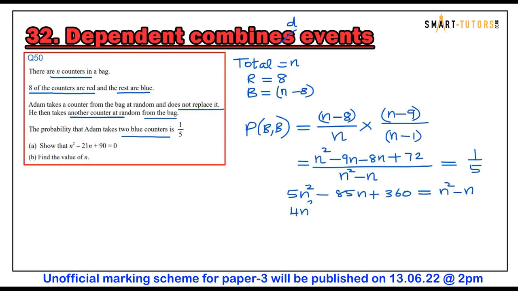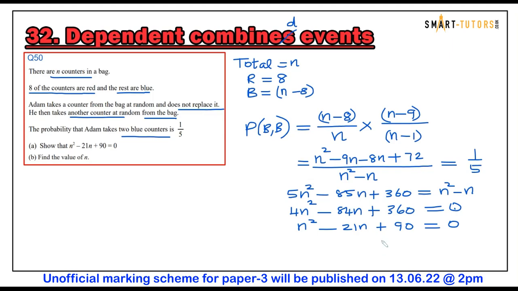So this is 4n squared minus 84n plus 360 equals 0. Divide by 4, so n squared minus 21n plus 90 equals 0.